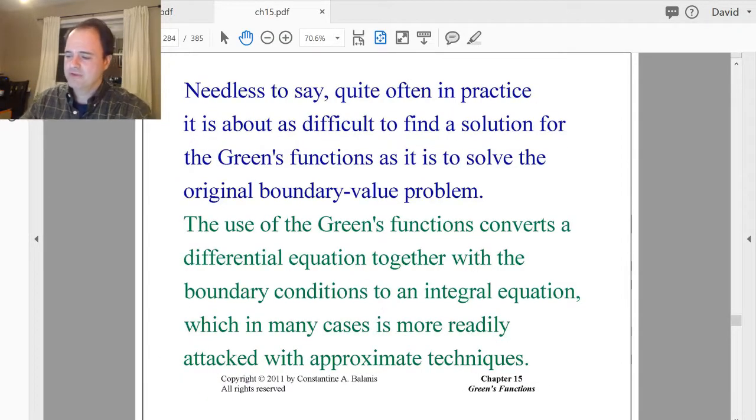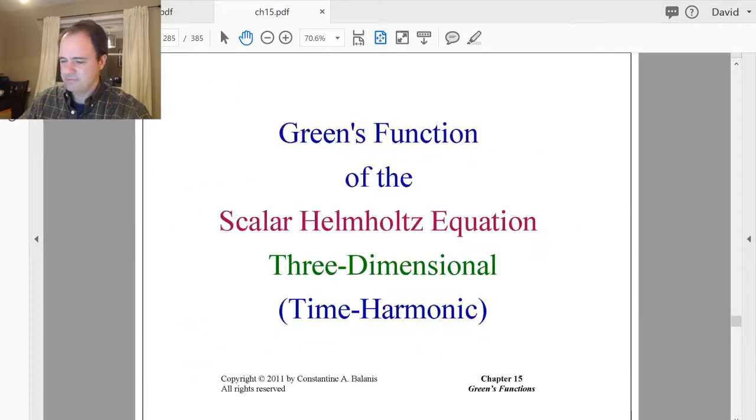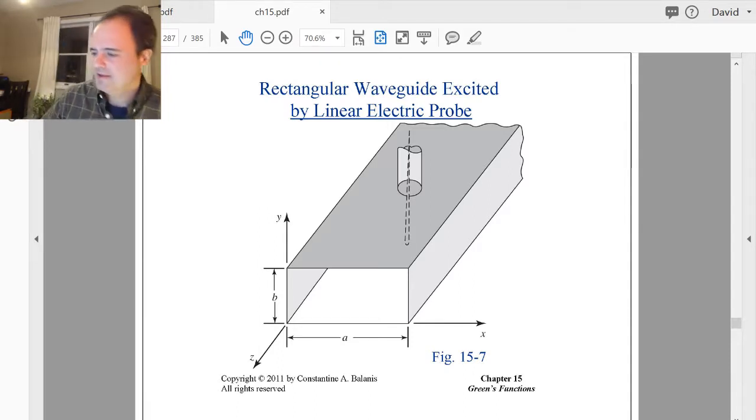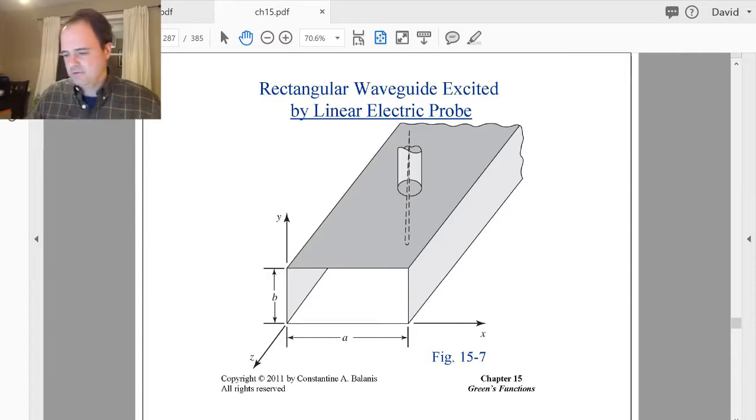So the use of the Green's function converts the differential equation together with boundary conditions to an integral equation, which in many cases is more readily attacked with approximation techniques. All right, so now we're ready to look at the Green's function for the scalar Helmholtz equation, three-dimensional and time harmonic in rectangular coordinates. So we're going to look at a rectangular waveguide excited by a linear electric probe.